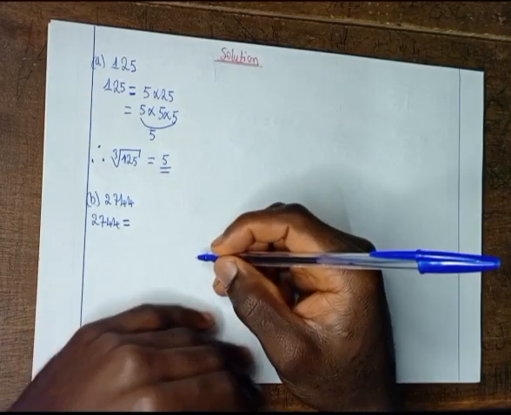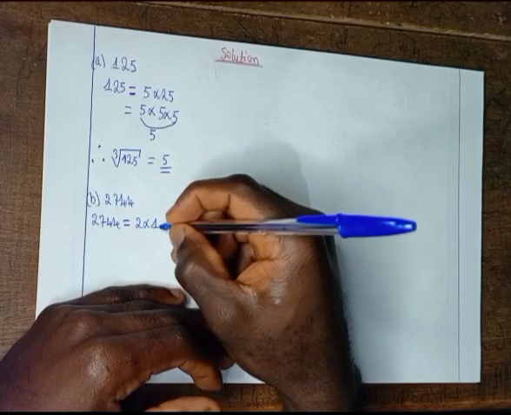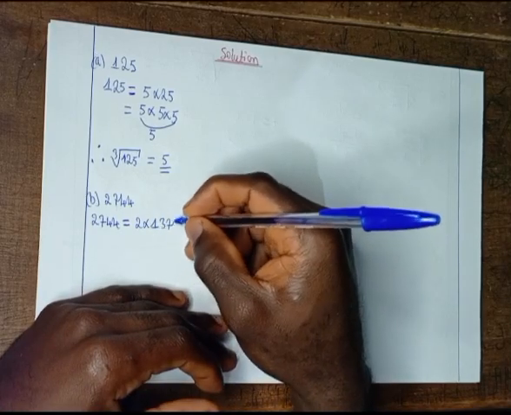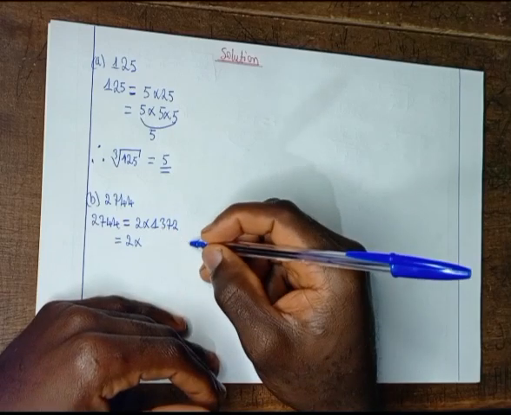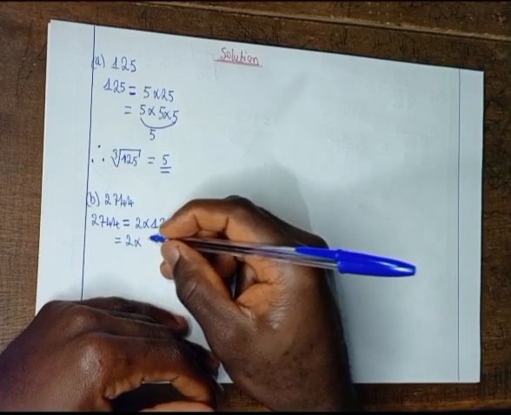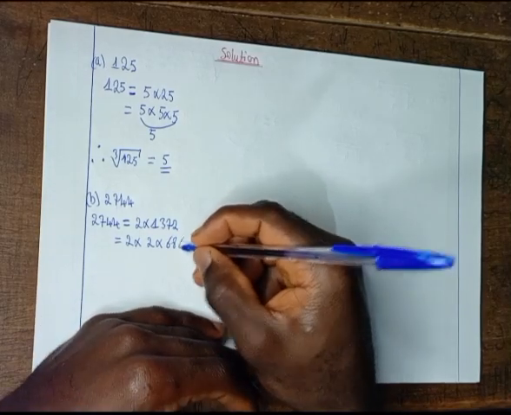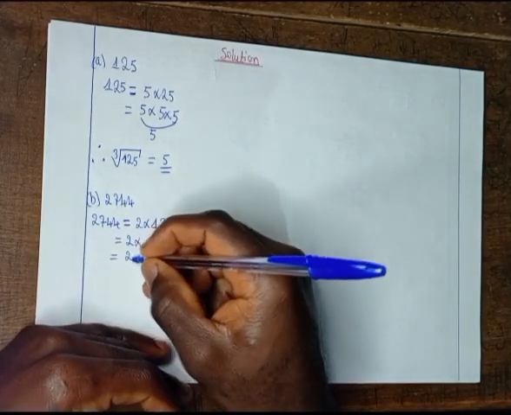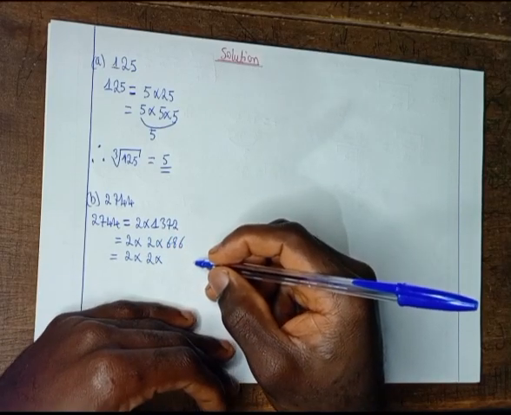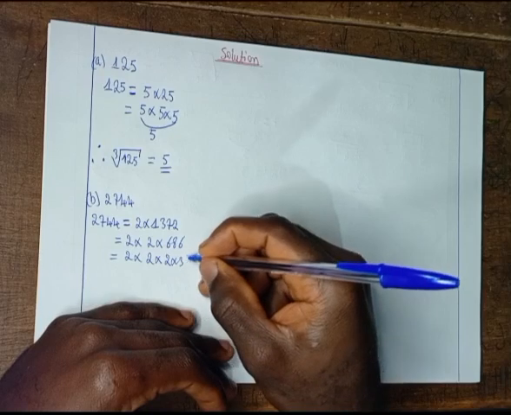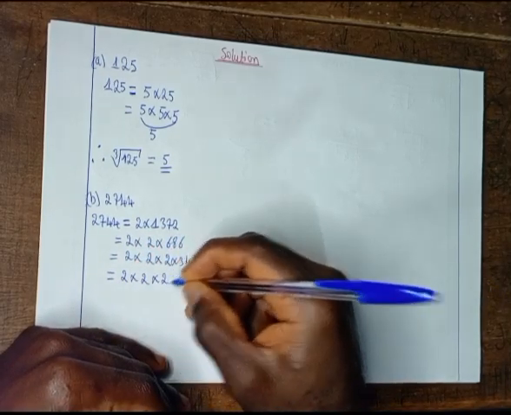We can divide 2744 by 2. It gives us 2 times 1372. We can divide 1372 by 2, giving 2 times 2 times 686. 686 divided by 2 gives us 343, so 2 times 2 times 2 times 343.